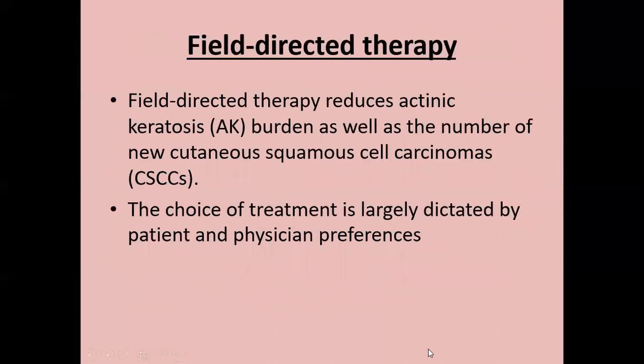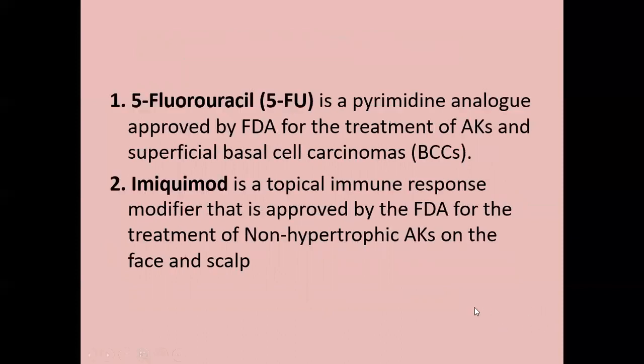The field directed therapies are those therapies which are directed to the clinically normal tissues surrounding the abnormal lesion. And these therapies reduce actinic keratosis burden as well as the number of new SCCs forming. The choice of treatment is dictated by patient and physician preference.